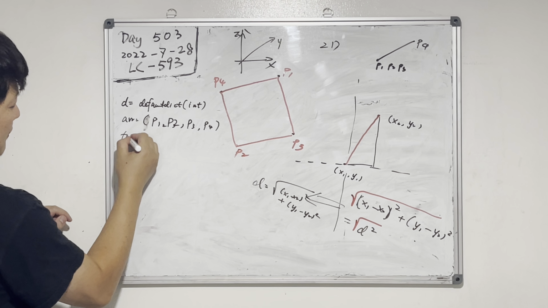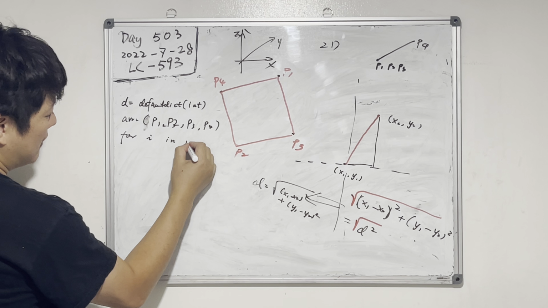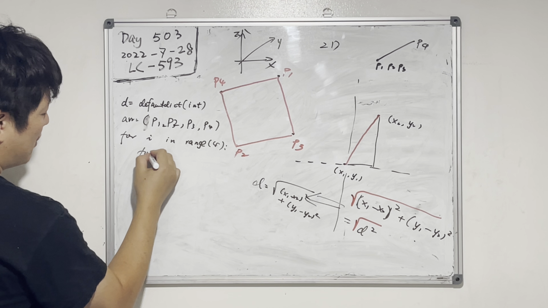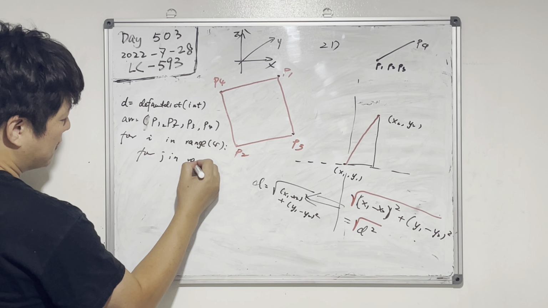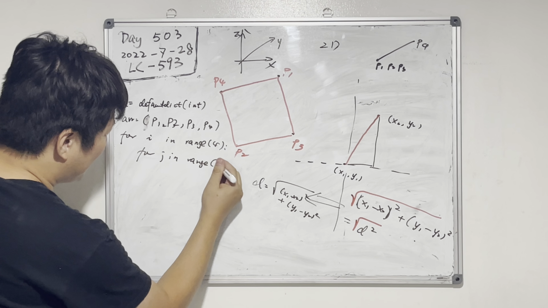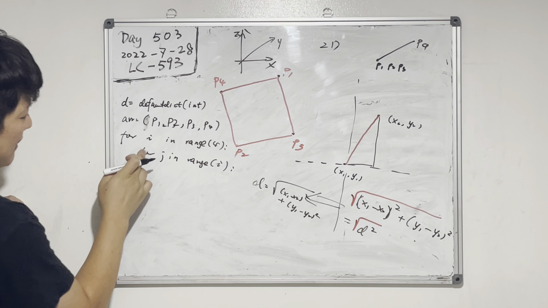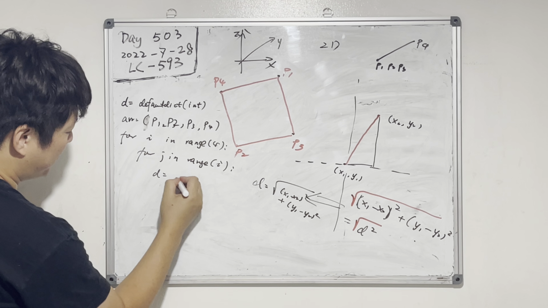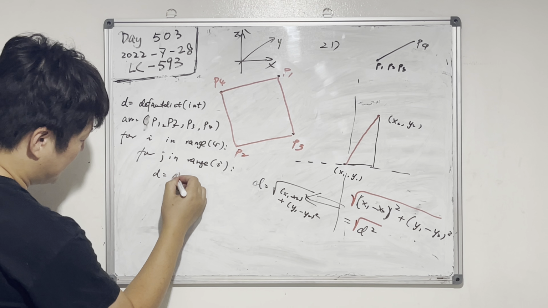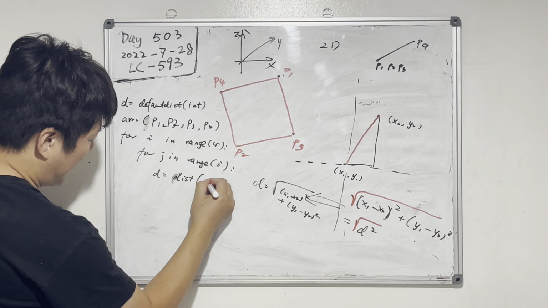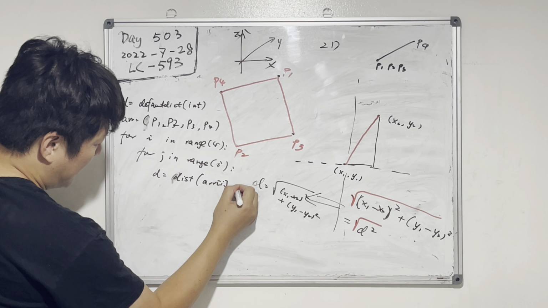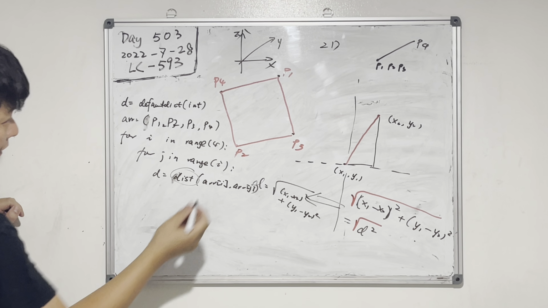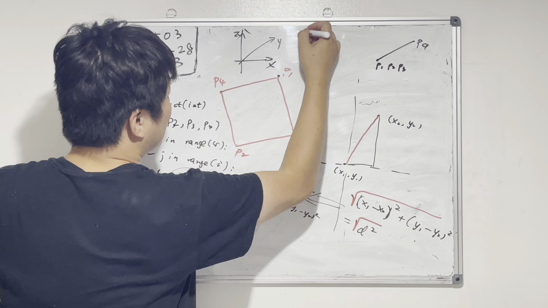Then for I in range 4, since we are given 4 points, for J in range I, we calculate the distance of arr[I] to arr[J], so the distance would be dist(arr[I], arr[J]). We come back to this. Distance actually is very simple.